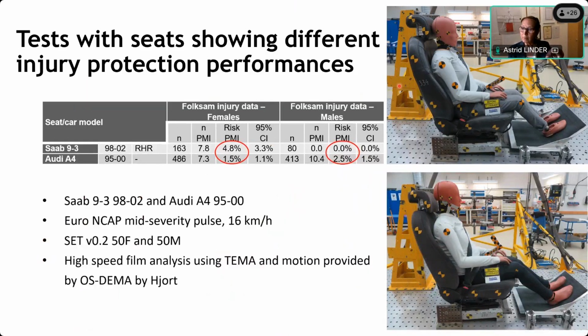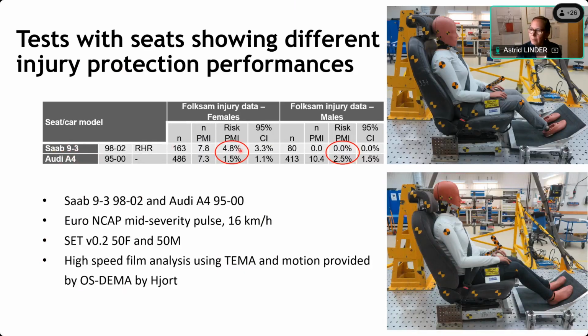So now to some recent tests that have been done with the SETs. Here you have the SETs seated in Saab 9-3 seats. We selected two different types of seat from the Volkswagen data. These are the Saab 9-3 and the Audi A4.